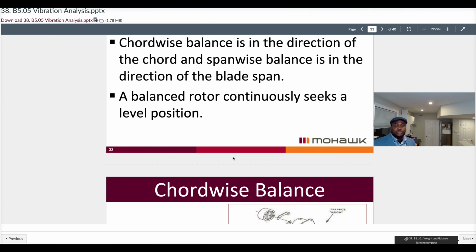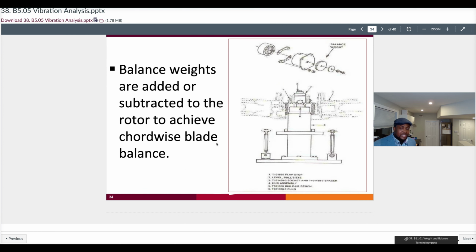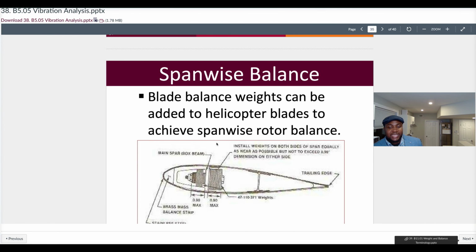A balanced rotor continuously seeks a level position by itself. Balance weights are added or subtracted to the rotor to achieve chordwise balance. Blade balance weights can be added to the helicopter blades to achieve this.